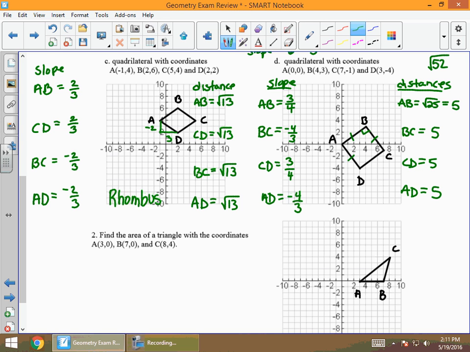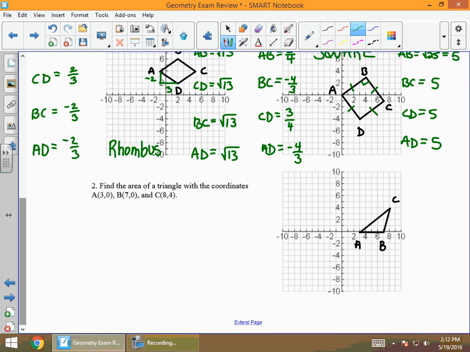So we have a figure where all 4 sides are the same and it has a 90-degree angle. So this we call a square. That is the most specific kind of quadrilateral that you can have, is a square. It has the most going for it.